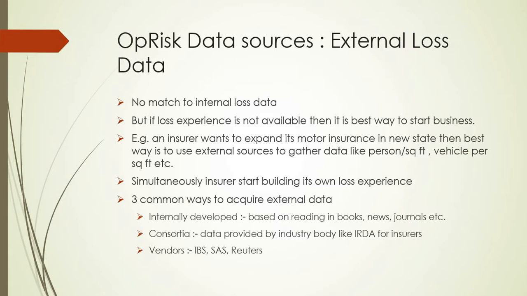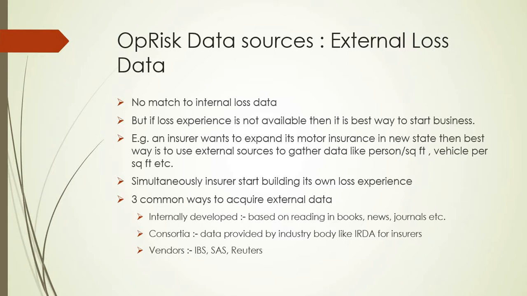It can go to a third-party vendor to provide information like the population density of that area, basically persons per square feet, and the motor density of that area, which is vehicles per square feet, because that is what increases the probability of accidents and people losing life in those accidents.